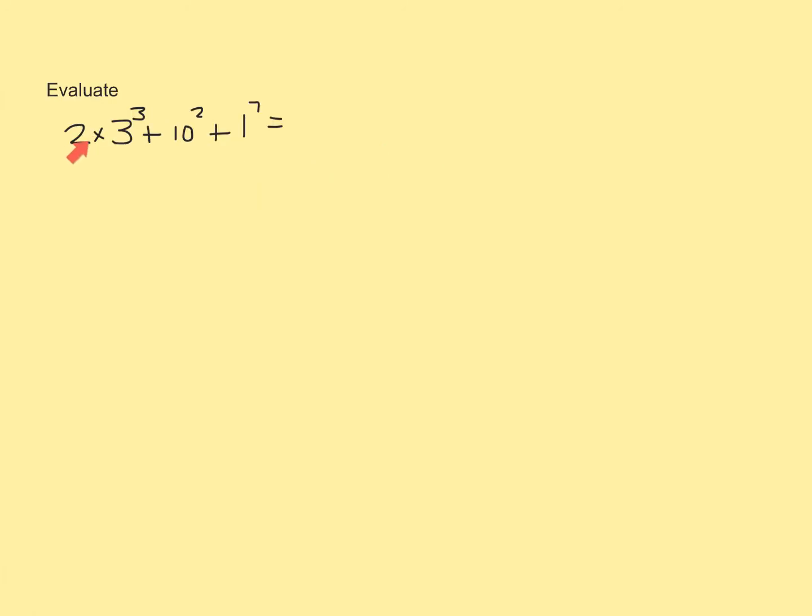Alright, so the first thing I'm going to do is write down my 2. So I've got 2, and then I'm multiplying it by 3 times 3 times 3. And where do I get those 3 3's from? Well, it's 3 to the power of 3, so that little 3 up there means there needs to be 3 3's. The next thing I have, remember, I've got a little plus there, so I now need to write plus, and I've got 10 to the power of 2, so I need to go 10 times 10.